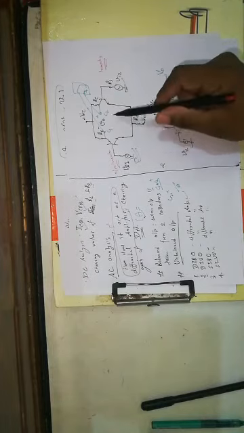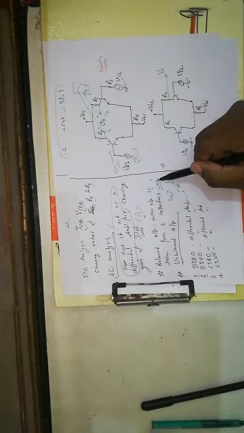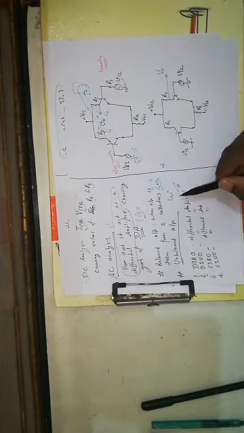When output is taken from two collectors, C1 and C2, it means we are taking output from C2 with respect to C1. And unbalanced output, we are taking output from C2 with respect to ground.